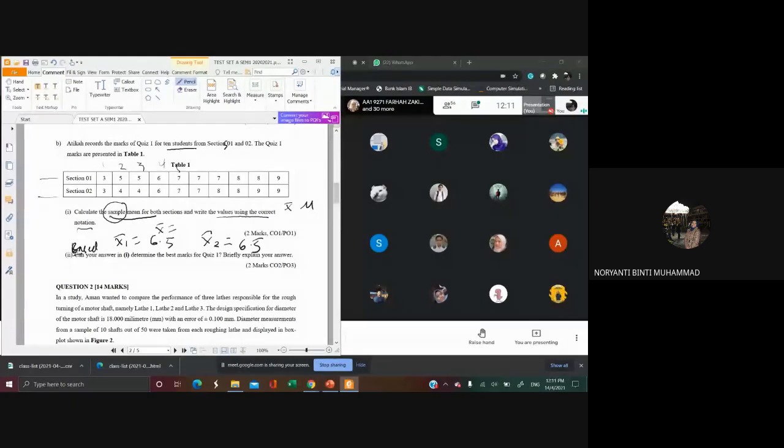So if you look here, from X bar, 6.5, 6.5. From here, can you decide which one is the best mark for quiz 1? Cannot, isn't it? Because you get the same value for X bar. So your answer will be cannot, because it gives the same value of mean.